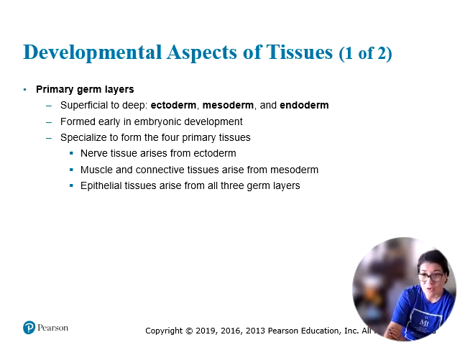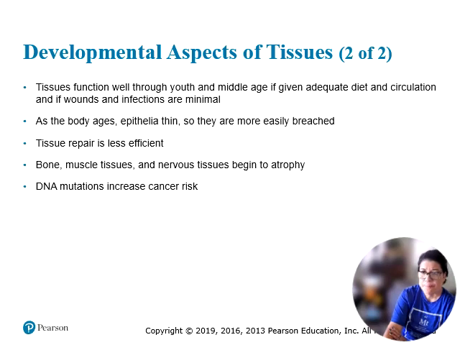Ecto means outer. Meso is going to form your muscle. I think, yeah, endoderm I think is digestive system primarily. So that's where those 3 layers are going to form from, and then epithelial is from all 3. So that's what happens when an embryo is forming.